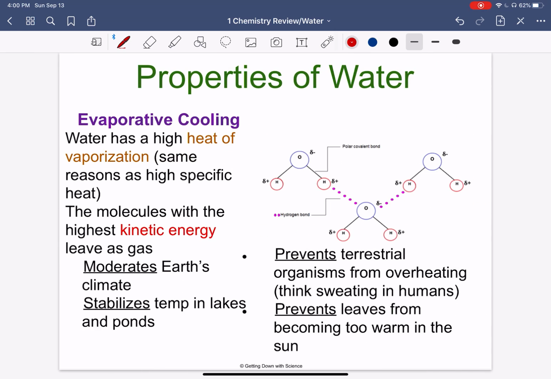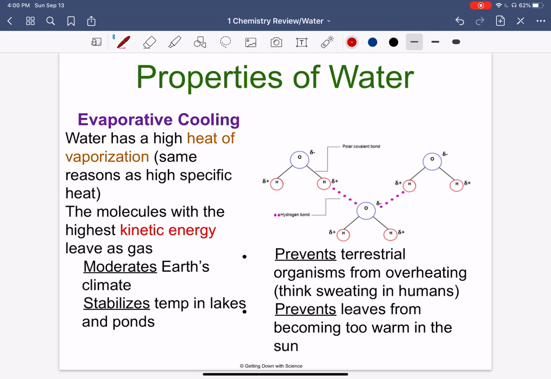Here's another one, evaporative cooling. Water has the ability in very small amounts to cool off or to dissipate heat energy. And it happens in exactly the same way. Those hydrogen bonds, not only can they absorb energy, they can actually release energy. And so this is important to us with things like sweating.